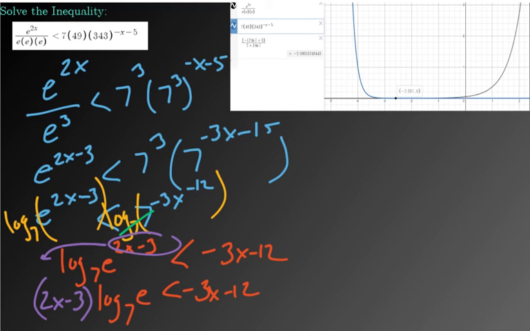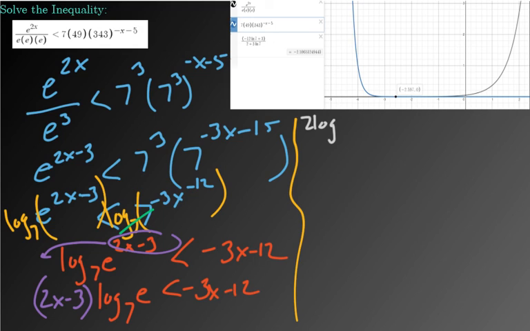So I'm going to split that up a little bit. So 2 times log base 7 of e x, and then I'll have minus 3 log base 7 of e is less than minus 3x minus 12.